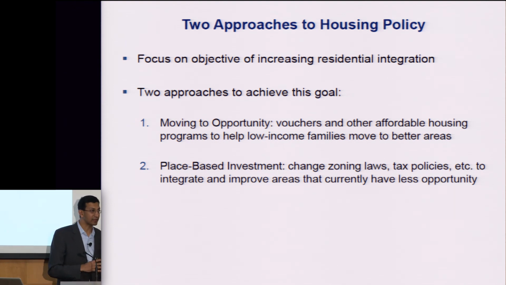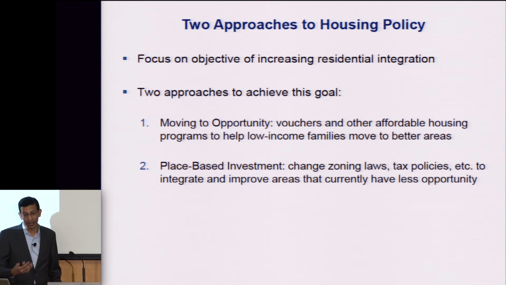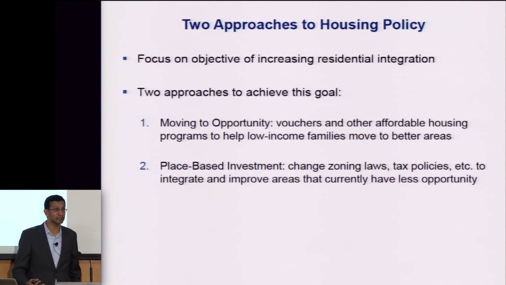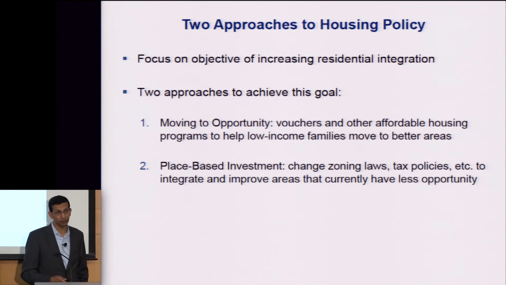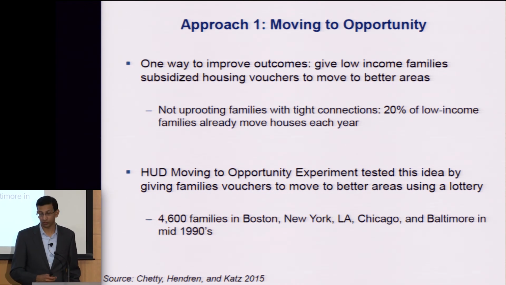The second, recognizing that we can't possibly move everyone, is an approach of place-based investments. Think of things like changing zoning laws, local tax policies, investing in local public schools to try to integrate and improve areas that currently have less opportunity. So let me talk about each of these two approaches in more detail, starting with the moving to opportunity approach.